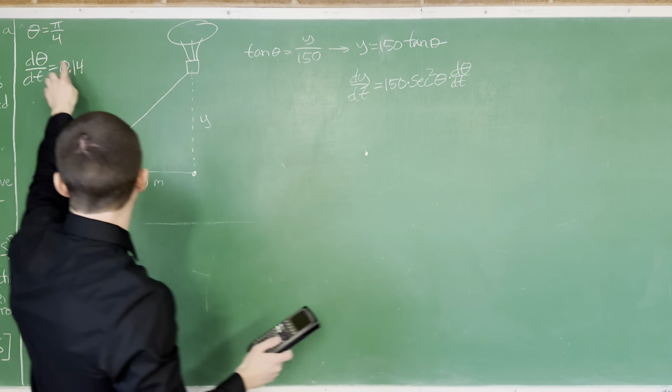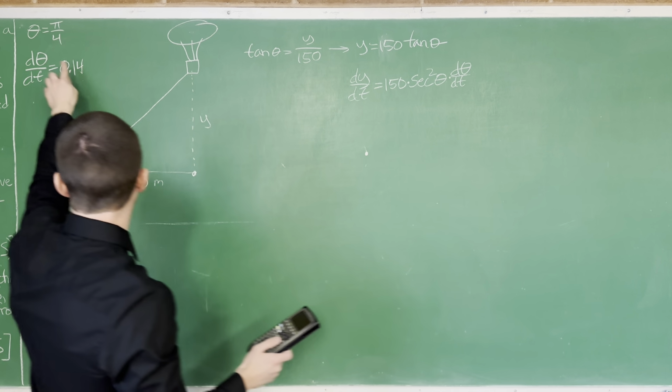Think about secant at pi fourths: it's going to be exactly root 2 over 2, and squared that comes out to exactly 1/4. So not too surprising it came out exact. This was meters per whatever our unit of time was that we were taking our derivative with respect to.